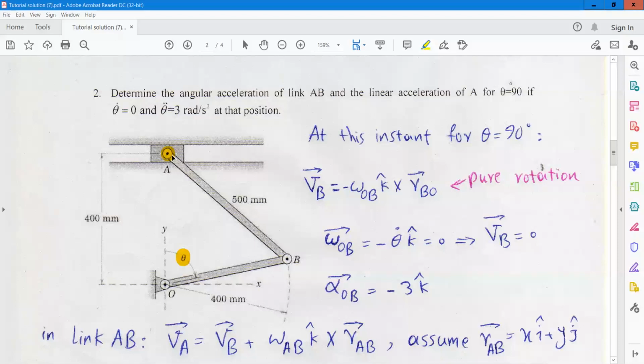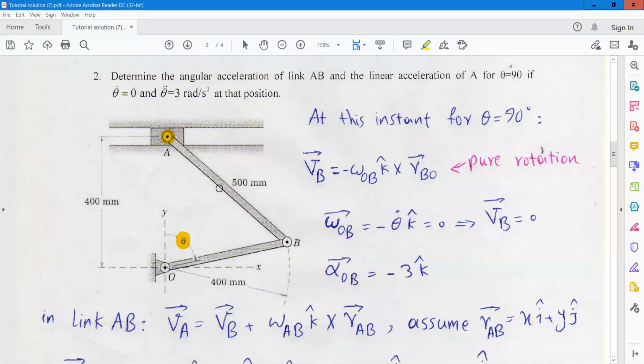So at this moment, we can write the velocity of B, this point, which is a point on link OB, and link OB is rotating about point O. So you can easily find the velocity of B, which is equal to omega OB cross RBO.